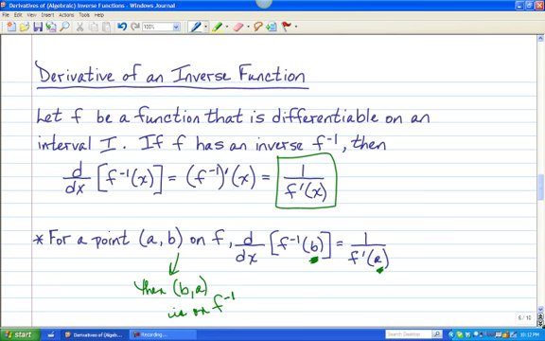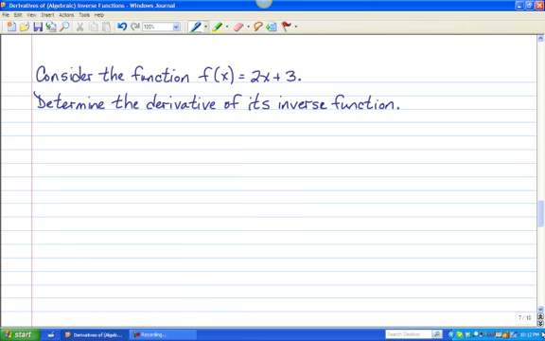So let's start with a really simple example, just a linear function, 2x plus 3, and we're going to determine the derivative of the inverse, and then we're going to actually find the inverse, like you did back in Algebra 2, and find the derivative of that as a proof that this does work. So remember the basic rule that the derivative of the inverse is equal to 1 over the derivative of the original function.